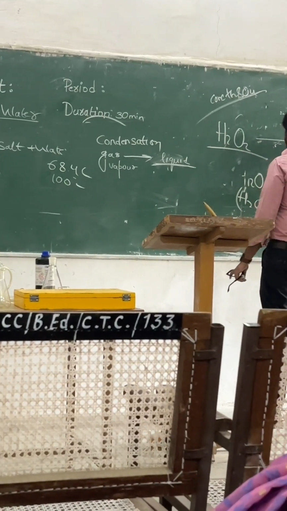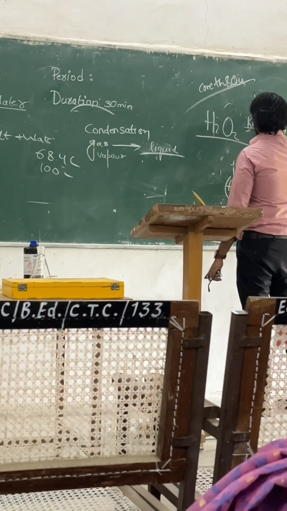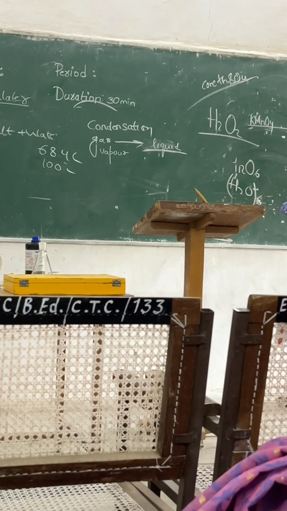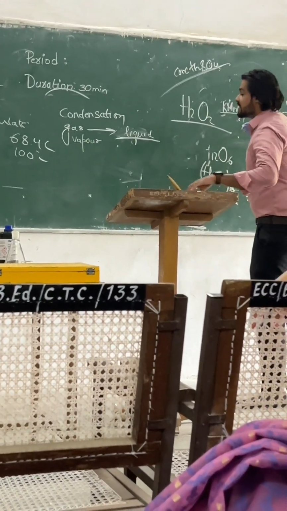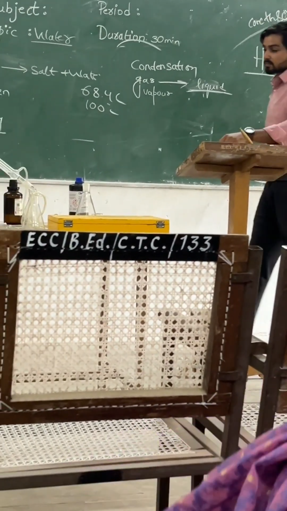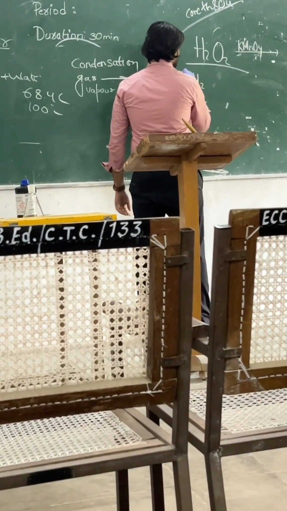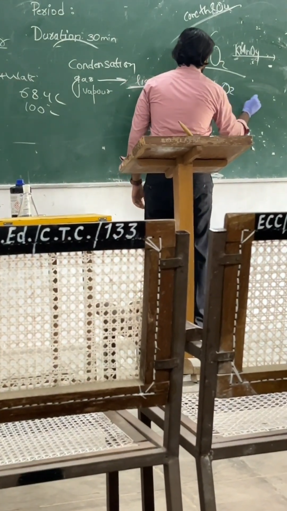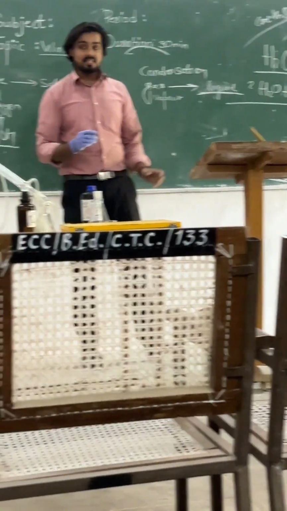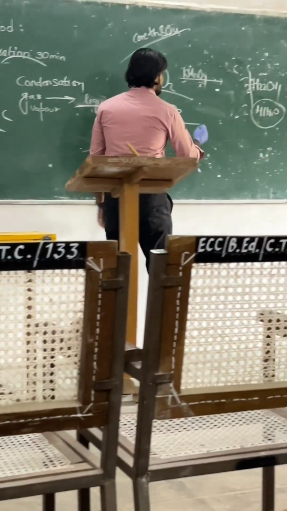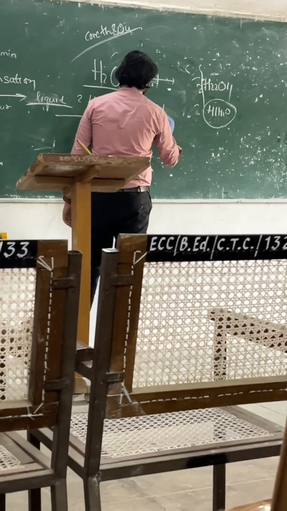When we add the oxidizing agent KMnO4, what is going to happen is that we are left with 2 times H2O plus O2. And this reaction is also known as elephant toothpaste.